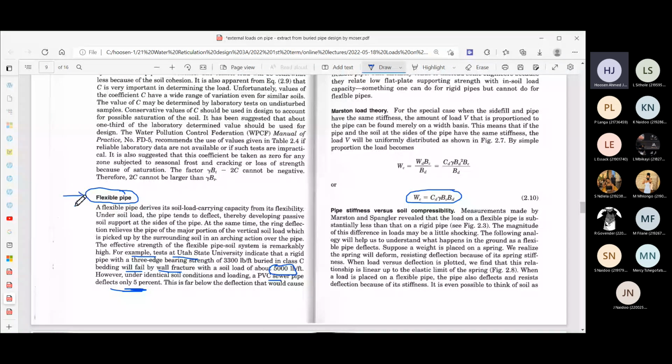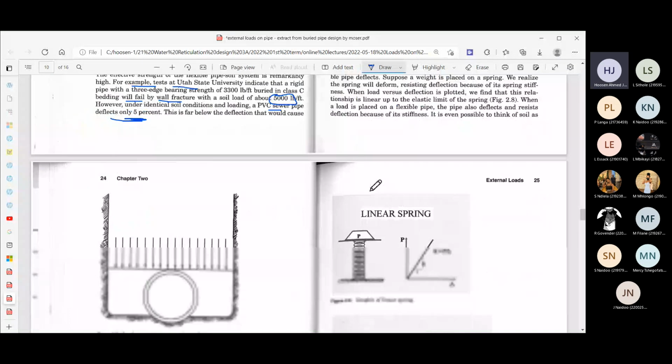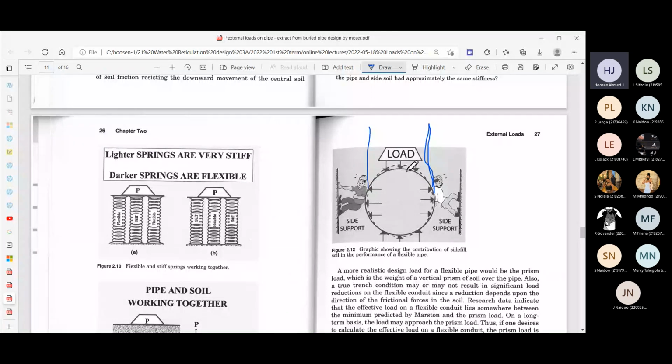And the reason behind it is, like I explained, you had that 5% deflection, but the pipe flattens out slightly. It takes on an elliptical shape, but it does not flatten out completely because the soil from the sides helps to hold it in place.